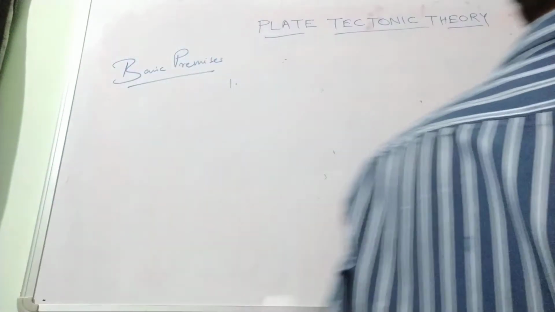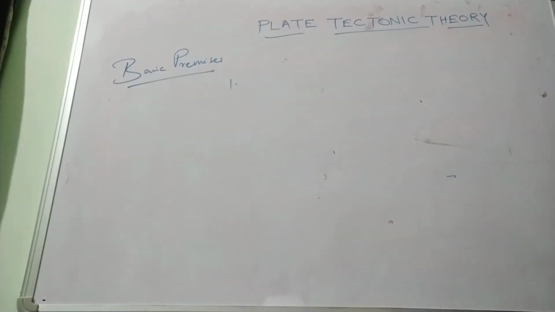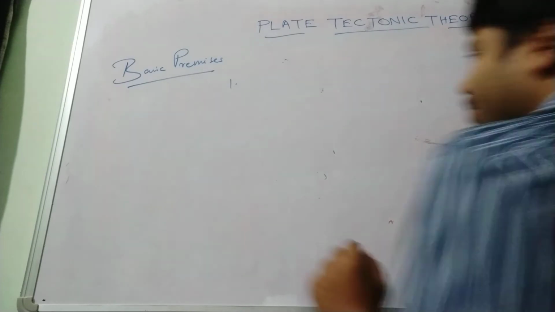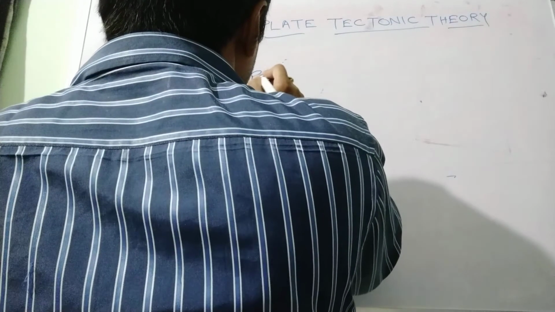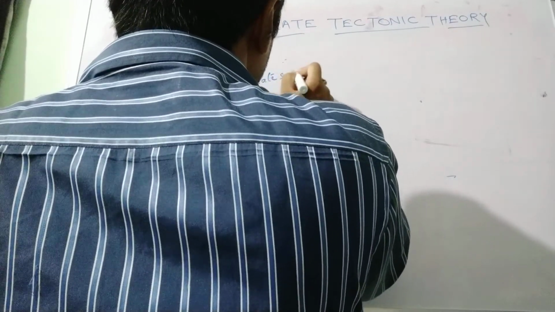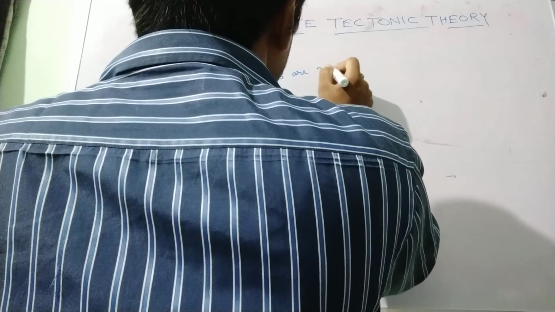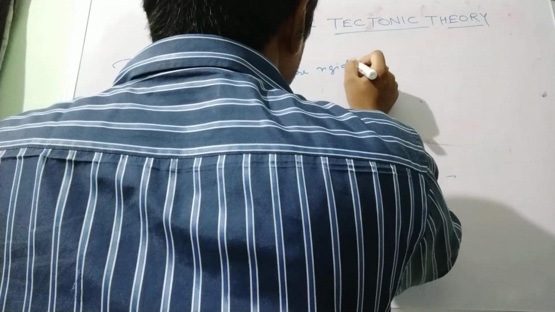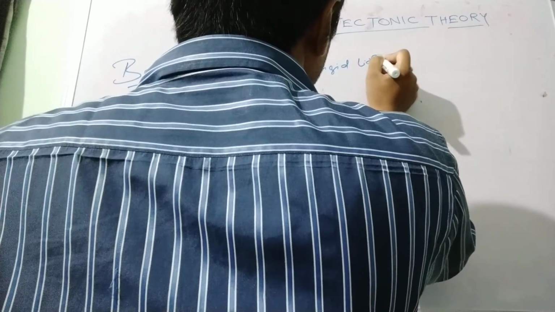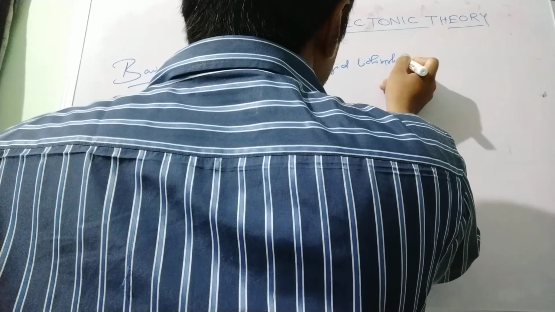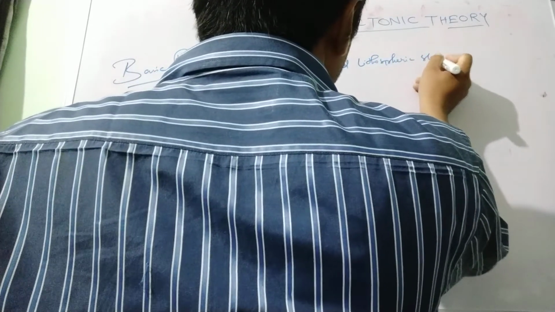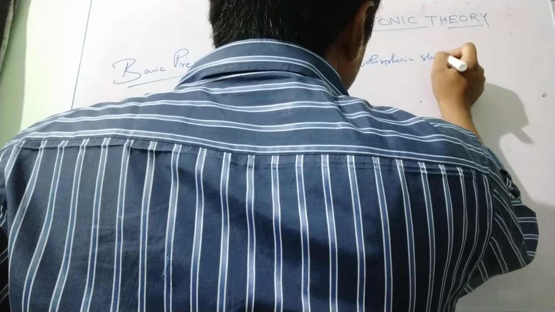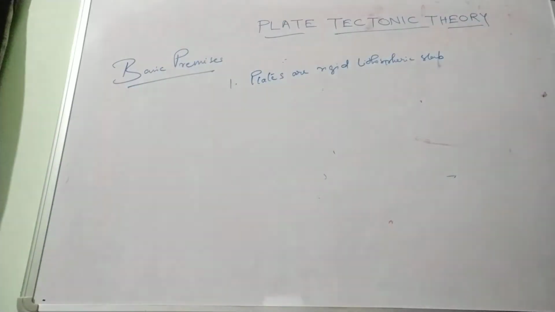First, plates are rigid lithospheric slabs floating over the denser asthenosphere.